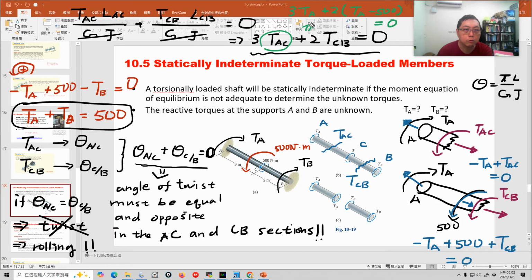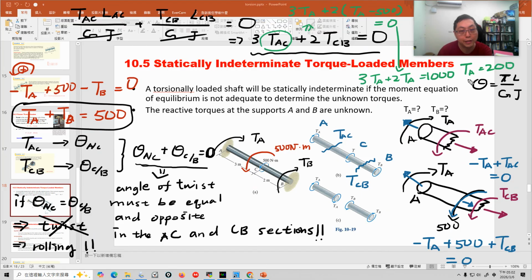From this equation you will see the final equation: 3TA plus 2TA equal to 1000. So TA is 2000. We will solve the TA.